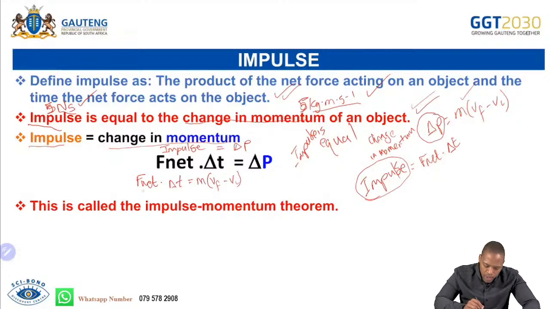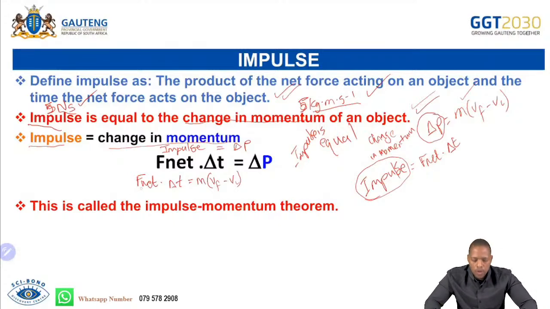Now, once we have it like this, we call it the impulse momentum theorem. And the impulse momentum theorem tells us that the impulse of an object is equal to the change in momentum of that particular object.